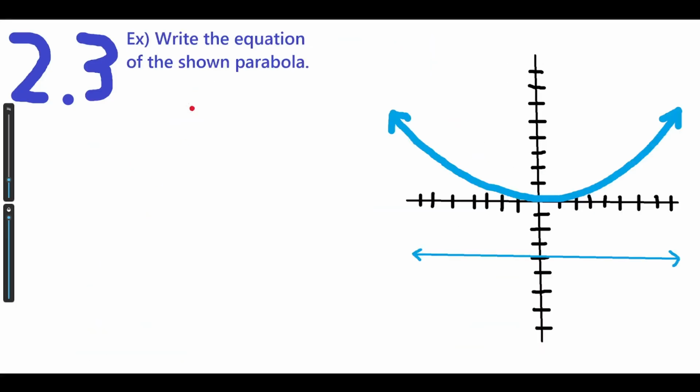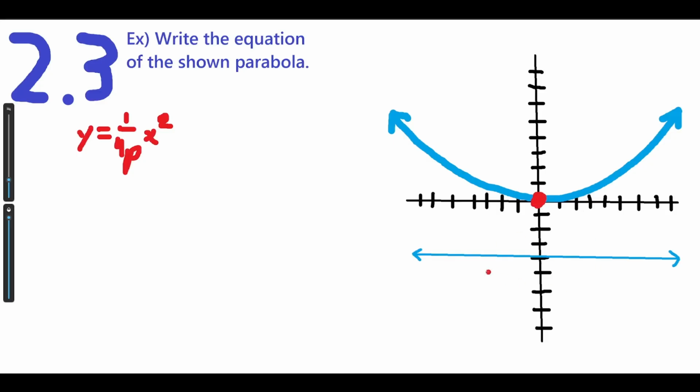Alright, this last example says write the equation of the shown parabola. Already we see that it opens up, so I'm just going to assume right away we have y equals 1/4 px squared. It doesn't specifically say this, but let's say it goes through the vertex (0, 0).